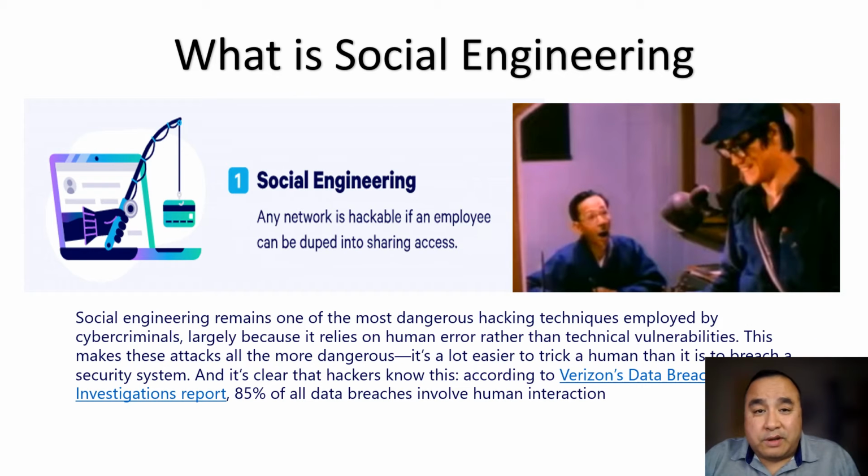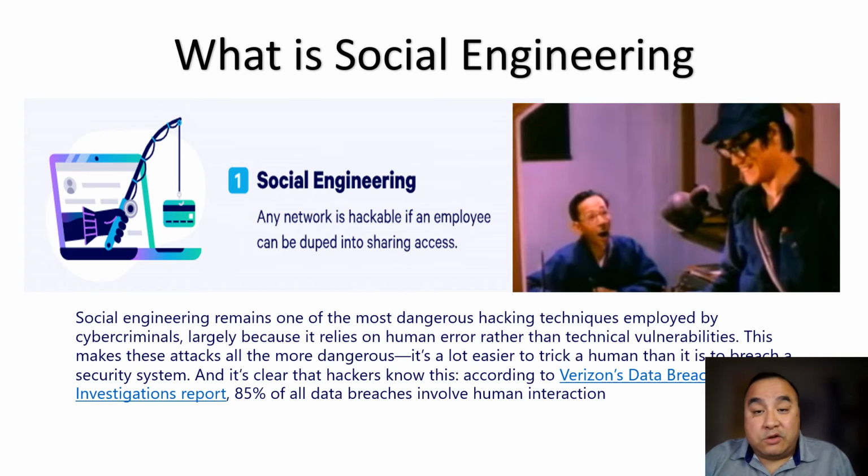Okay, the next one is social engineering. It's the last one. Social engineering remains one of the most dangerous hacking techniques employed by cyber criminals, largely because it relies on human error rather than technical vulnerabilities. Take, for instance, Bruce Lee, who posed as a repairman and gained access into the communication office by tricking the other person into thinking that he was legitimately a repairman, but he wasn't really.